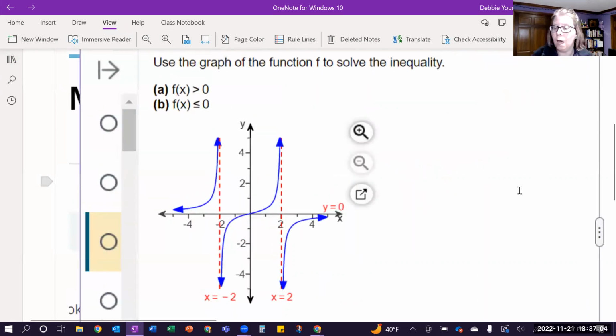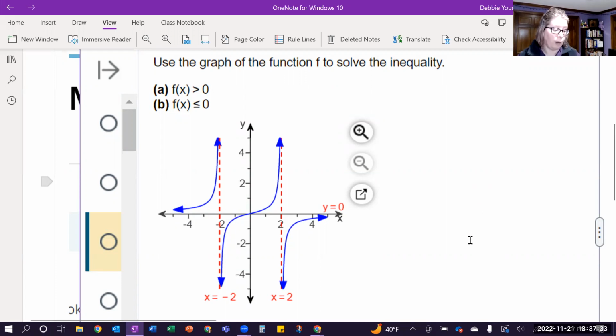There we go. You have a graph, and part of it could be above the x-axis, and part of it could be below the x-axis, and part of it could be on the x-axis. Regardless of whether it's a parabola, like it would be in section 4.5 for quadratics, or if it's a polynomial, which could be like this section 5.5, or if it's a rational function that's an inequality, which is what I actually have on the screen.